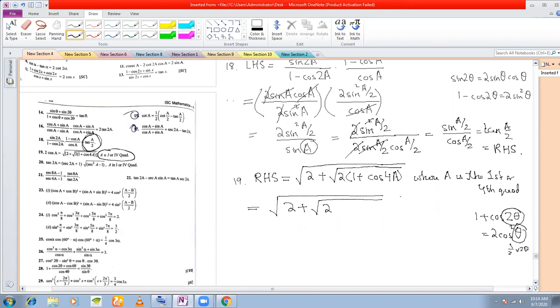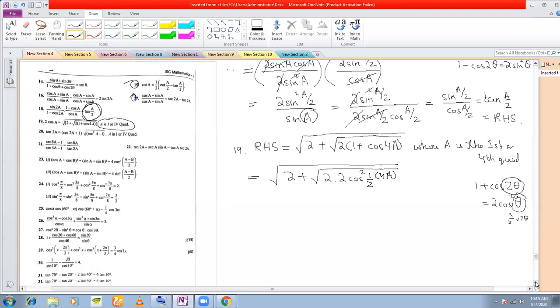So 1 plus cos 4a will change to 2 cos square half of 4a.